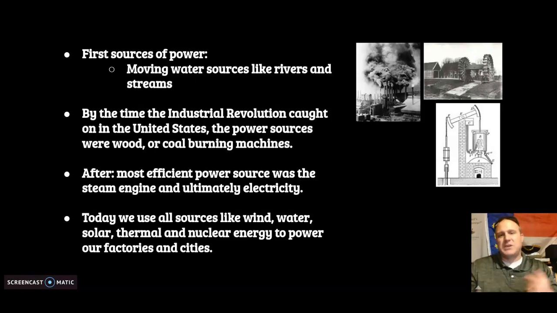By the time the Industrial Revolution comes to the United States, power sources were more wood or coal burning machines. Now, this is important because, look at that one picture up there on the top left. You see all that smoke? During the beginning, Britain really deforested their lands, and we do as well.